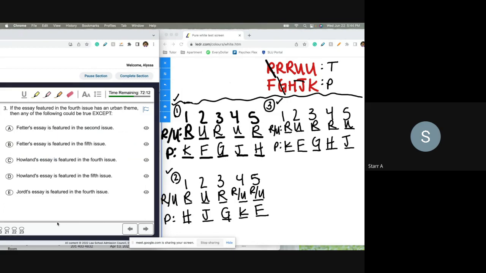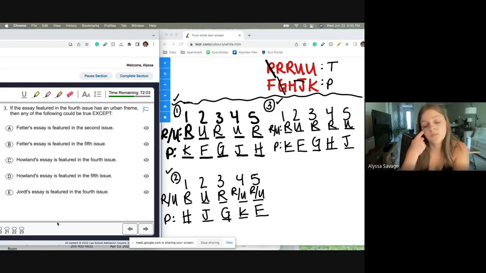But then I see some of the photographers is like in a different place based off of what the answer choice is giving. What do you mean? Sorry, my headphones just died. Can you hear me? Yes. What do you mean by the different placement?